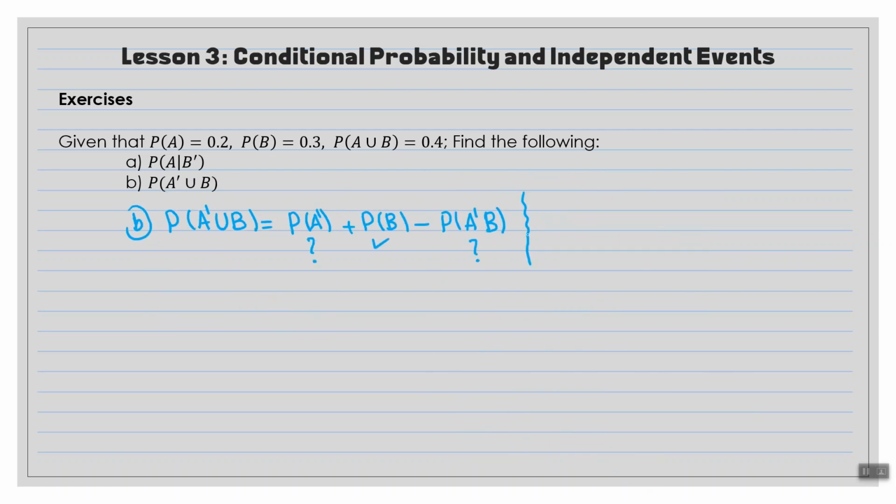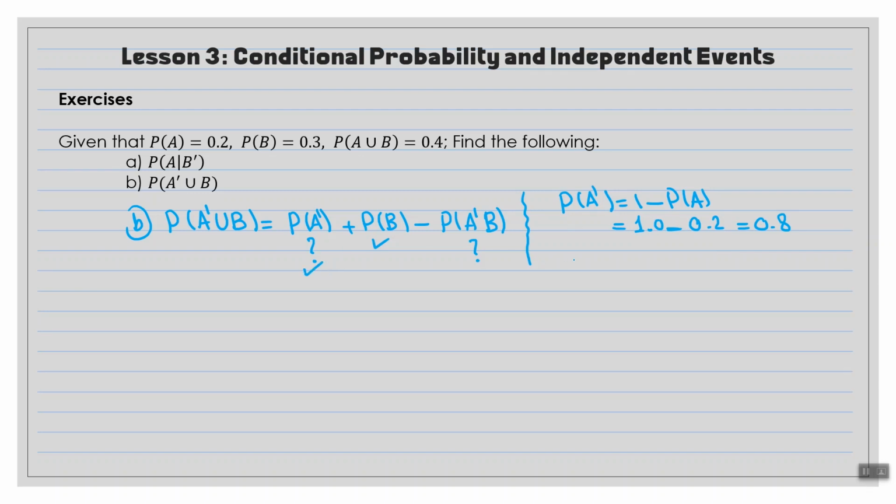This time they want A dash B. So, the first thing that you will do is to find the probability of A dash, which is going to be 1 minus the probability of A. So it's going to be 1 minus 0.2. So this one is 1.0, minus 0.2 is 0.8. So we have found the probability of A dash.